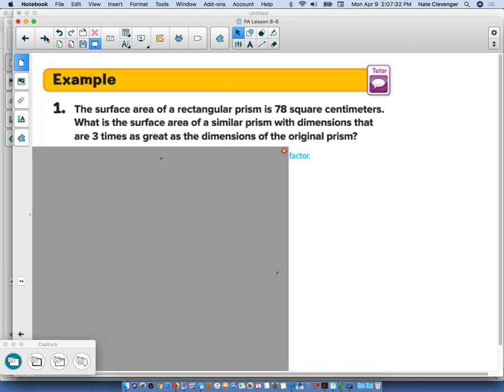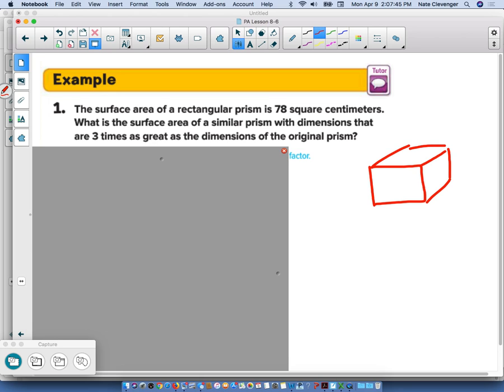The surface area, we're given the surface area of a rectangular solid. So we have our prism. So we know we've got this figure that's shaped something like this, maybe. And we know that as the surface area of it is 78 centimeters squared.